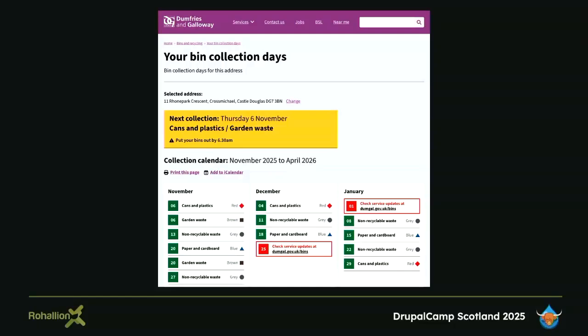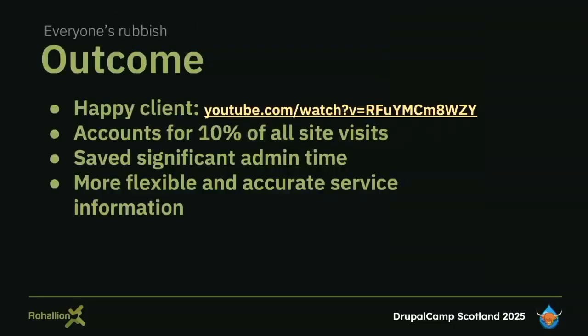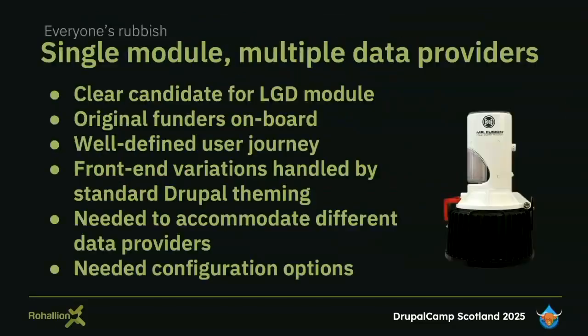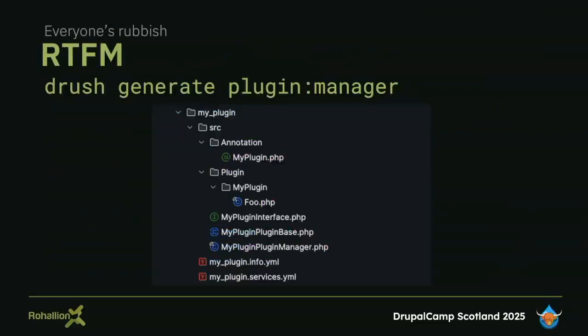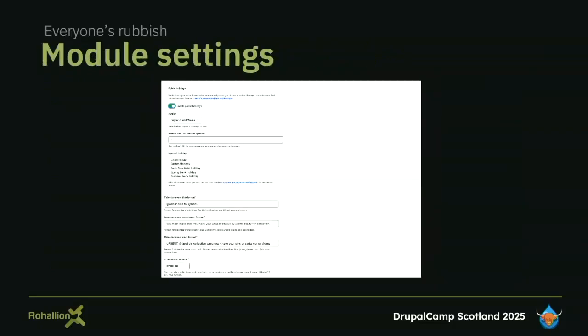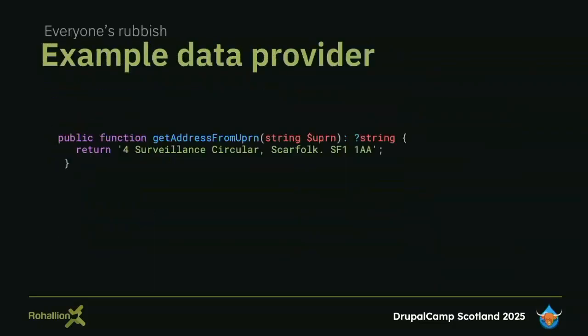My question was about the sharing of the address lookup tool, and you touched on elections as well. And there might be other services. What do you think the next use cases would be for councils for that kind of lookup and extracting parts of this into a more generic module?